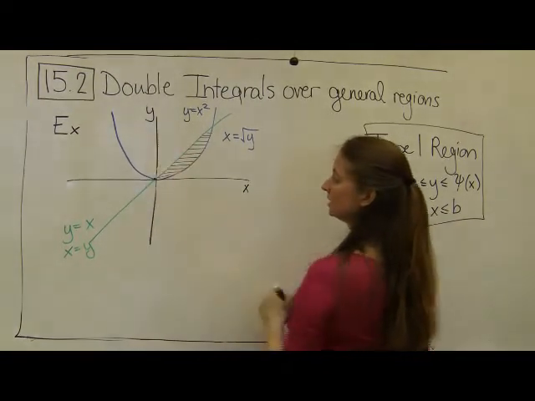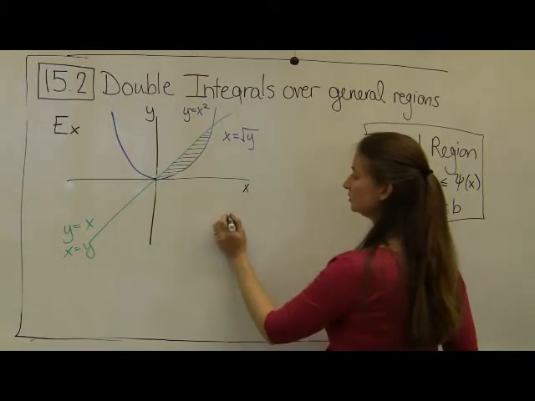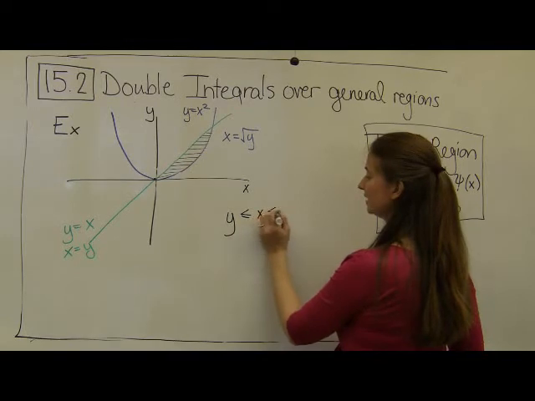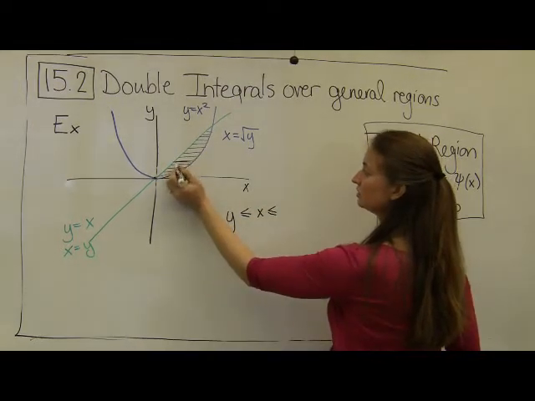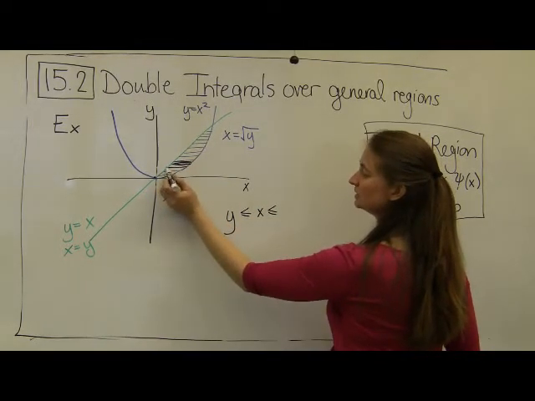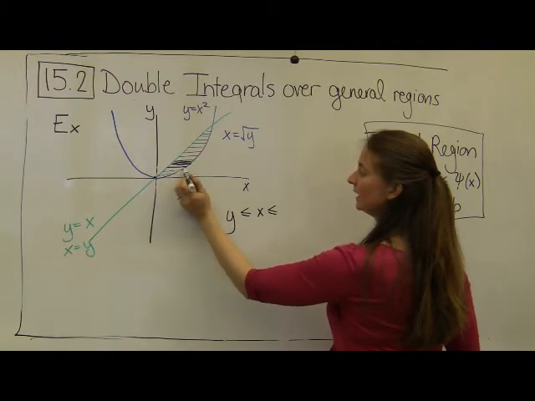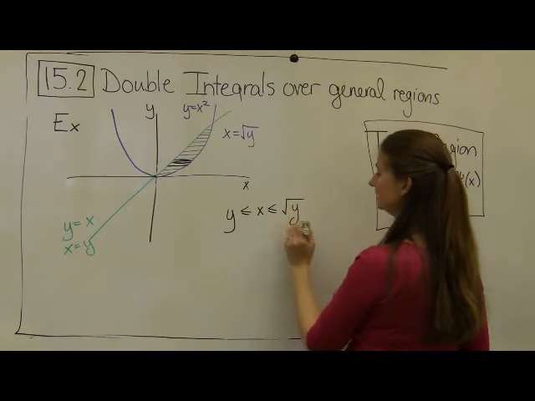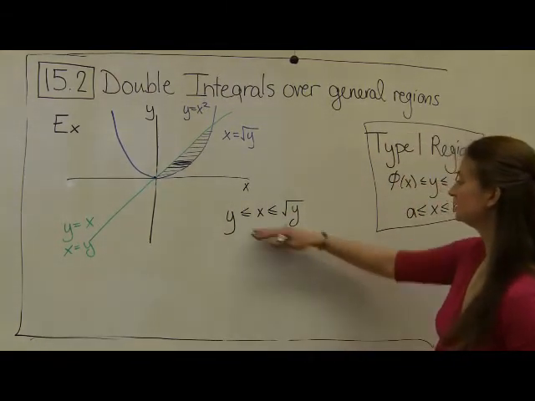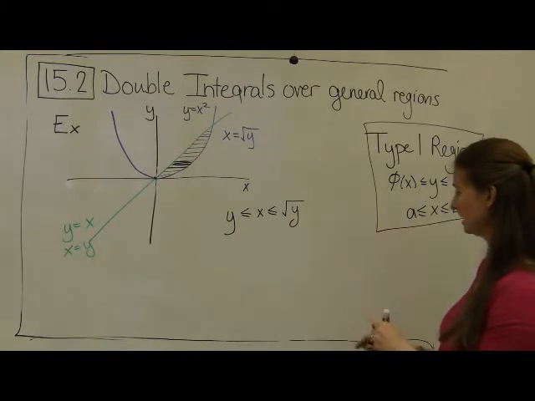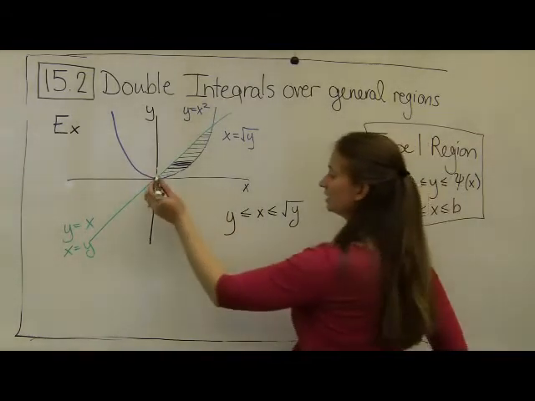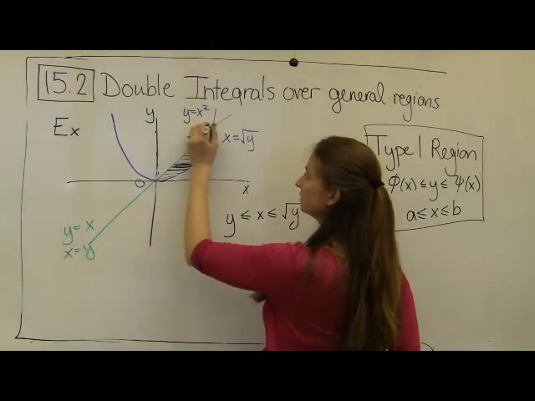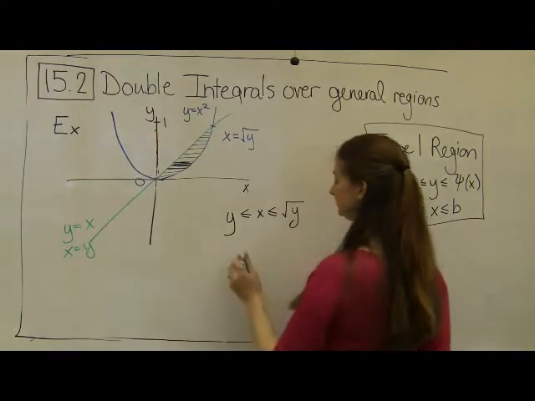So the lower bounds are going to be where x is equal to y. And that's always going to be less than or equal to my x values, because my x values are always going to range somewhere between where x is equal to y on the green line, and then they'll go up as high as x equals square root y on the blue line. So these are the bounds on my x values, and the bounds on the y values actually are going to be just where y is equal to 0 all the way up until y is equal to 1.